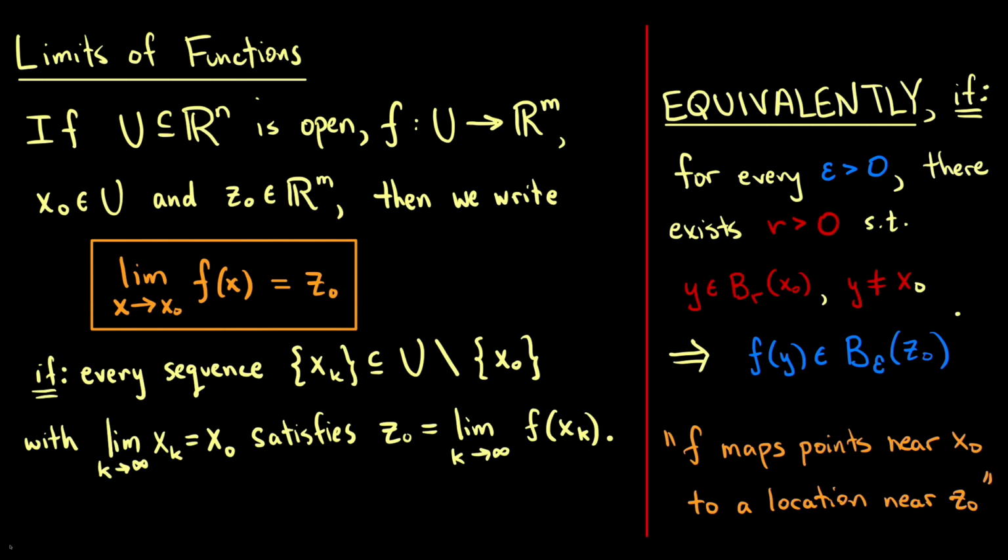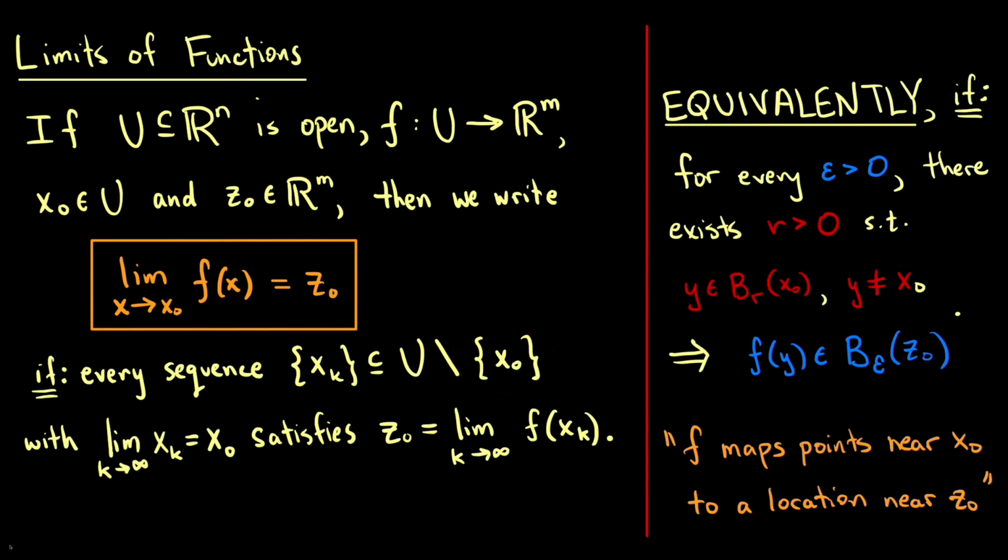Okay? Then we say that the limit as x goes to x0 of f of x equals z0. So I'm going to define now what's in this orange box. What this means is that for every sequence I take of points in U minus x0 converging to x0, where I'm not allowed to take x0 itself.